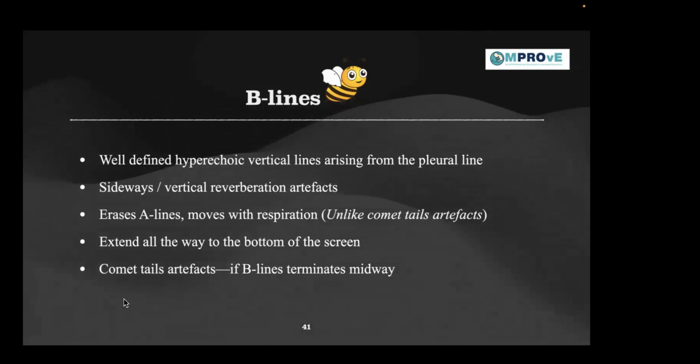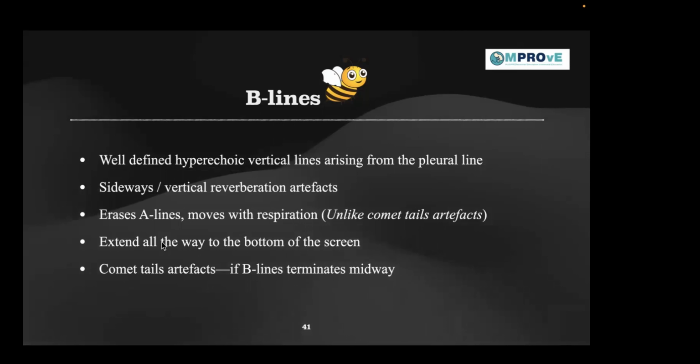But consider comet tail artifacts as the precursor of the B lines. If the baby is getting worse, you will start seeing comet tails, which will progress to B lines. And if the baby is improving, there were a lot of B lines, and as things get better, now we are seeing more comet tails, and then it disappears.